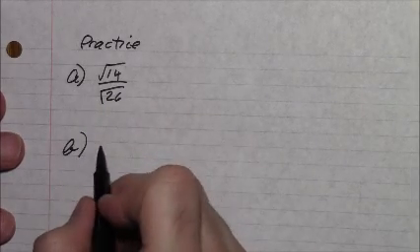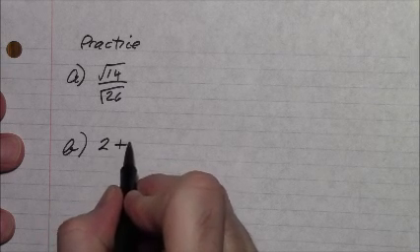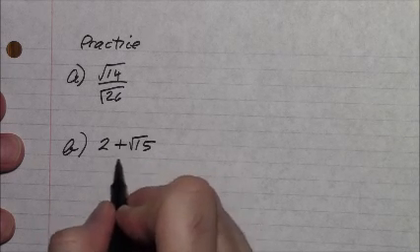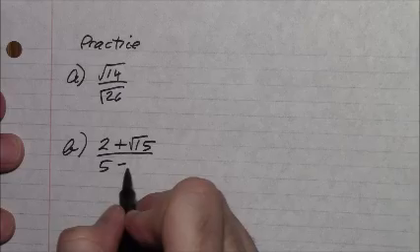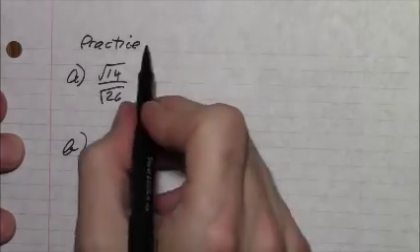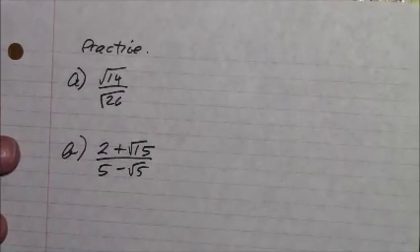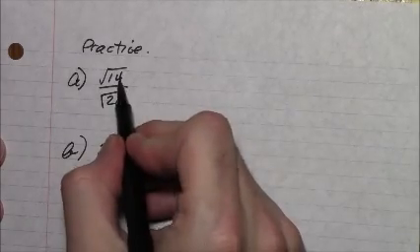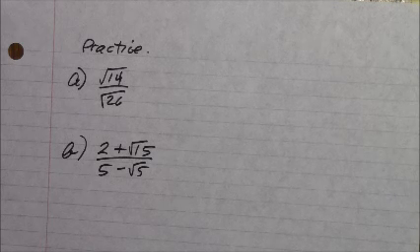And B, 2 plus square root of 15 over 5 minus square root of 5. So rationalize both of these. You can stop the video for a few moments to do both of them and then come back to it. I will start talking in about 5 seconds when you come back to the video.